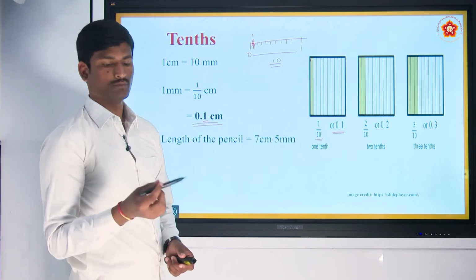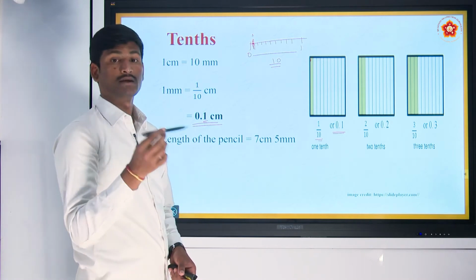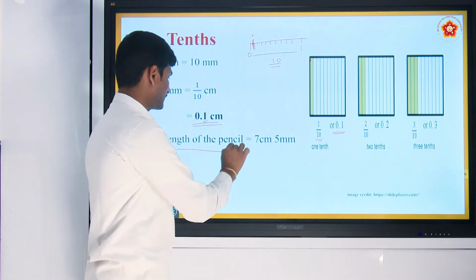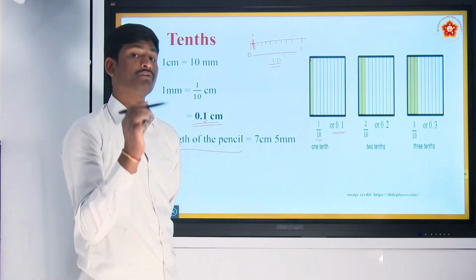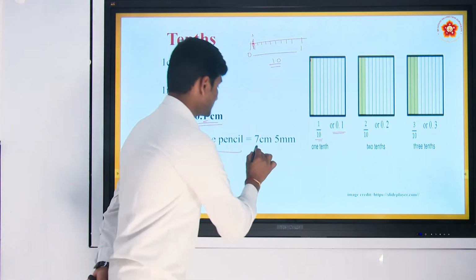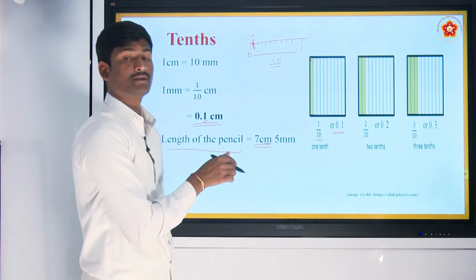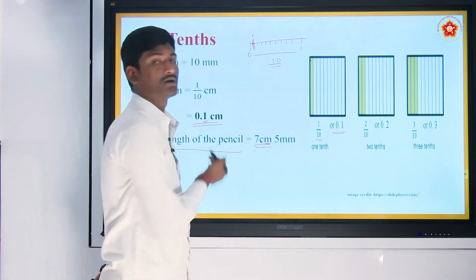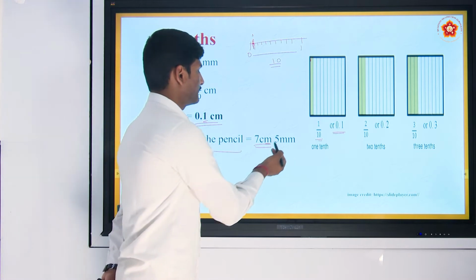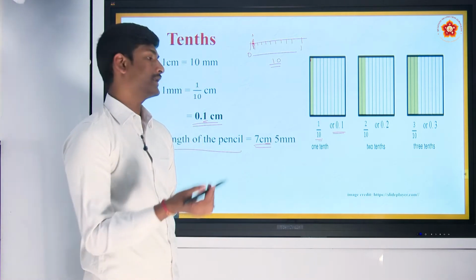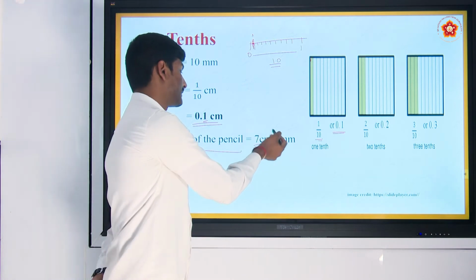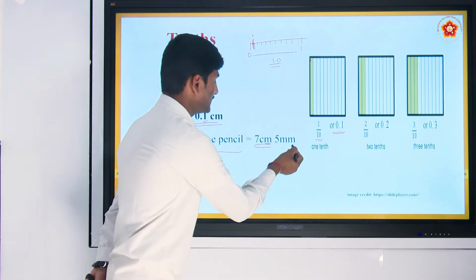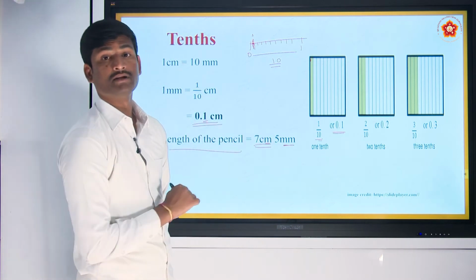I take one example. Here is the length of a pencil. This length of the pencil is 7 centimeter 5 millimeter. Here 7 centimeter is the whole number part. 5 millimeter, we write completely in centimeters. We convert millimeter to centimeter.